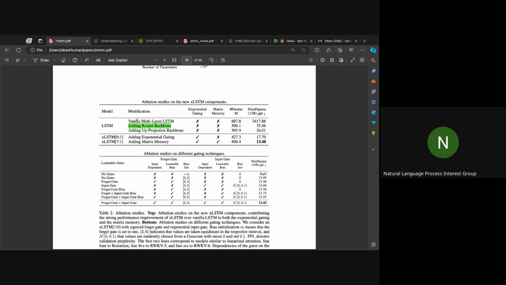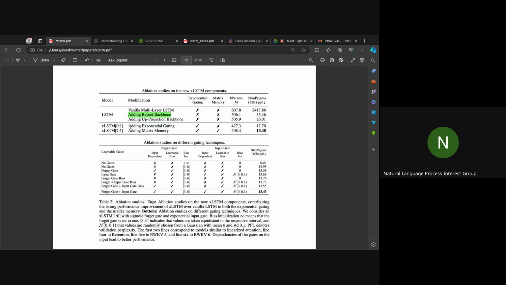So here, when they take the vanilla LSTM block, since if you train it for very large sequences, it will end up having very bad performance, that is why you can see the huge perplexity. But if you add a skip connection like a ResNet backbone in the LSTM architecture, its perplexity quickly drops because now the gradients can flow back over a much longer sequence length.